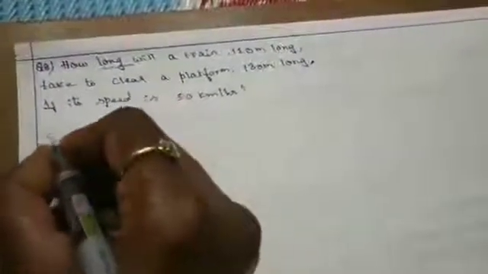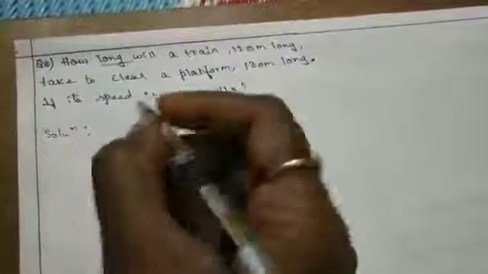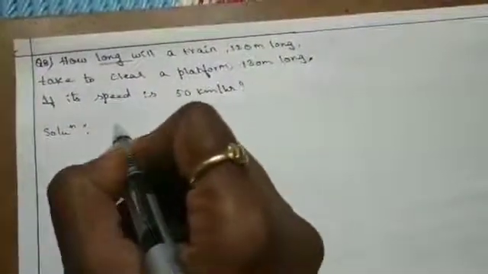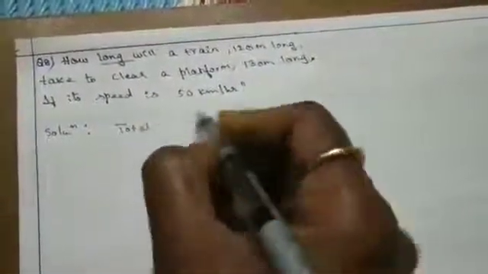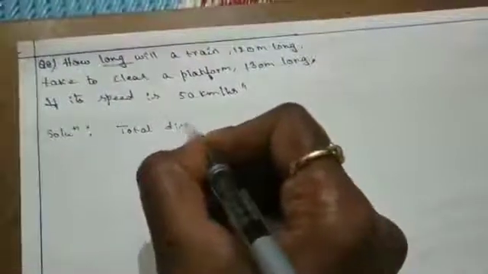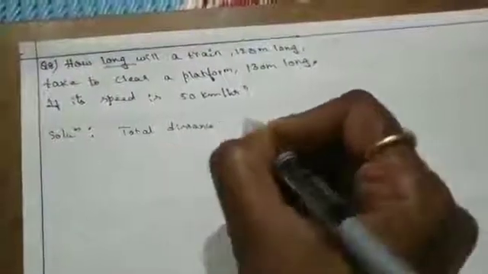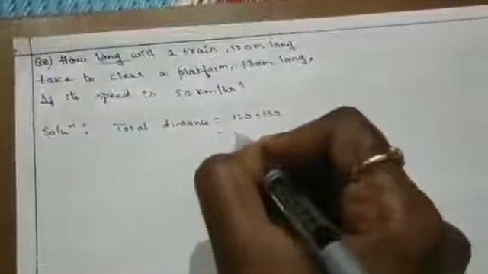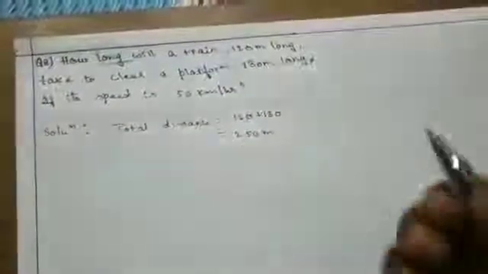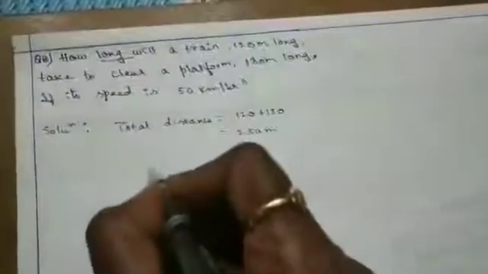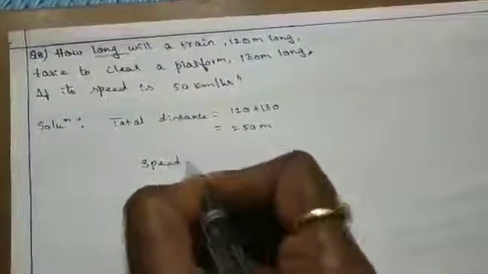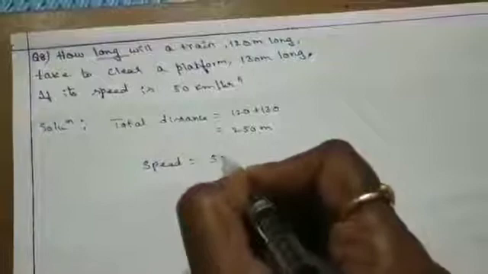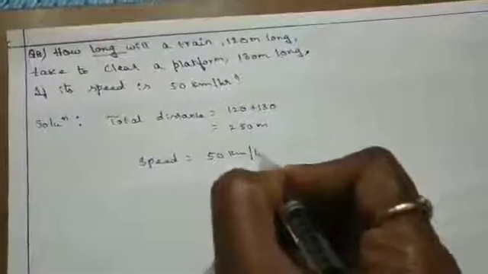So solution, total distance equal to 120 plus 130, which equals 250 meter. Okay, and the speed is given, speed equal to 50 kilometer per hour.